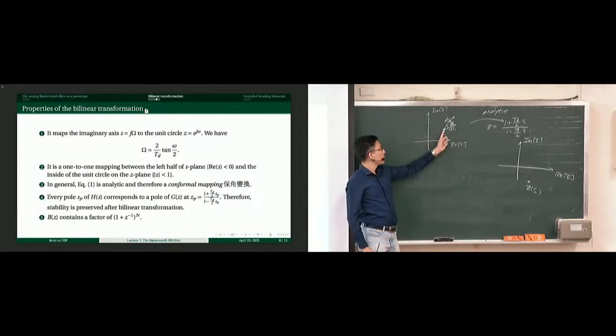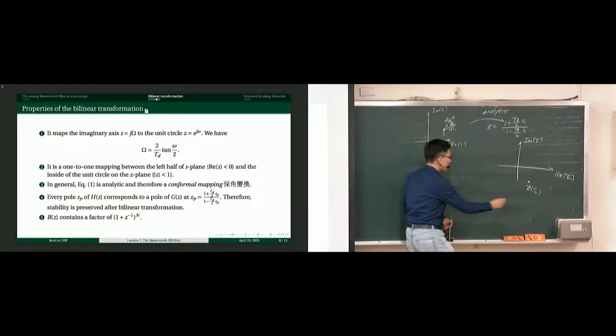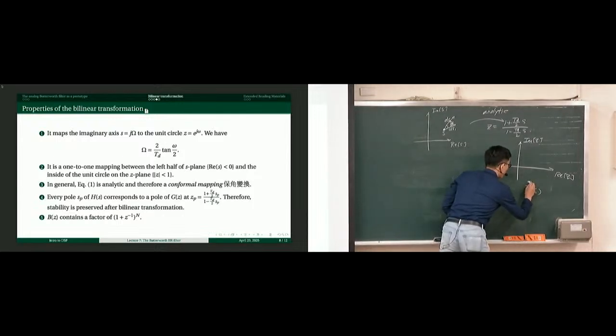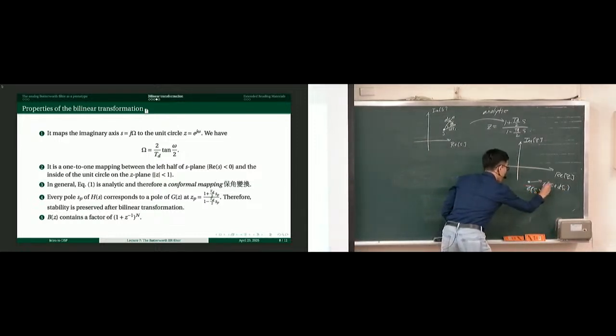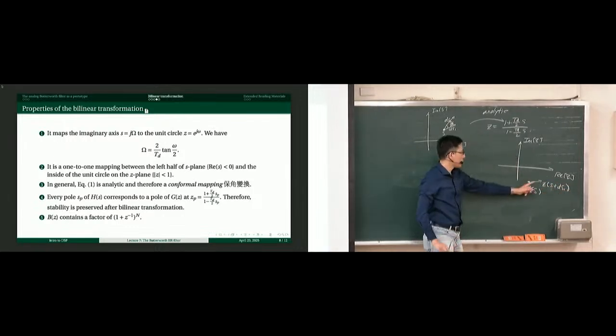But now, how does this small move? By moving from S to S plus ds1, the corresponding move might be in any direction, so z of S plus ds1. Z is a function here. Now this point also moves infinitesimally, one very small step toward a certain direction.